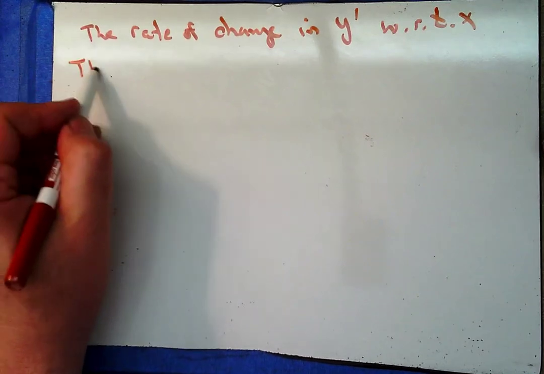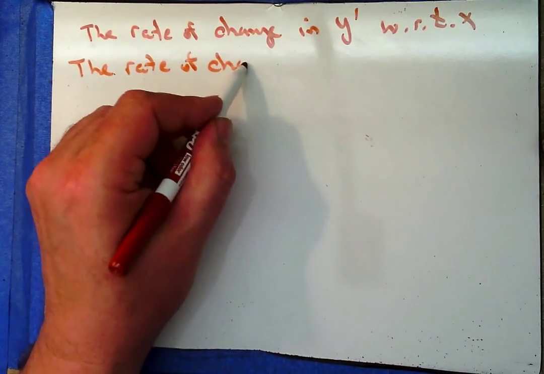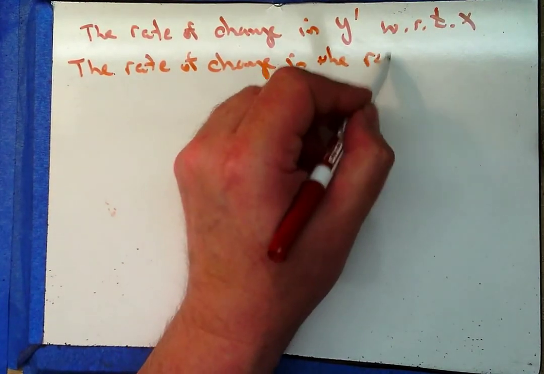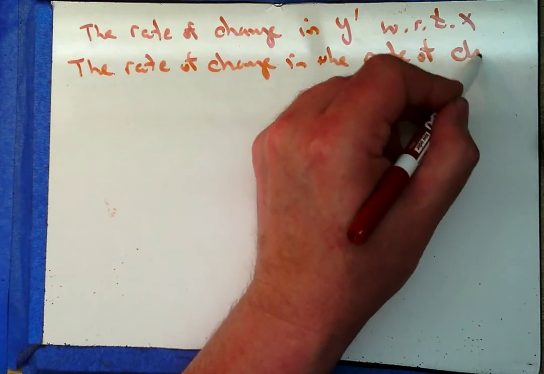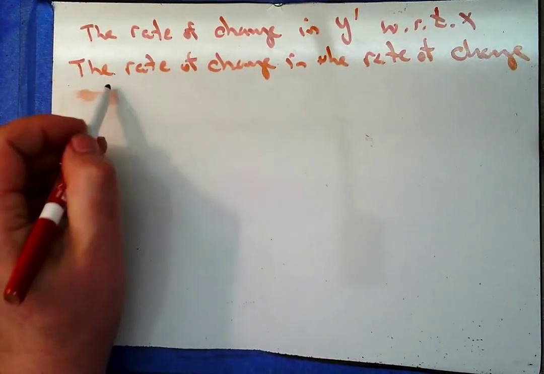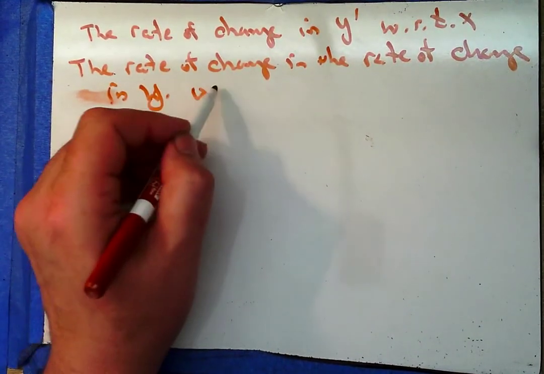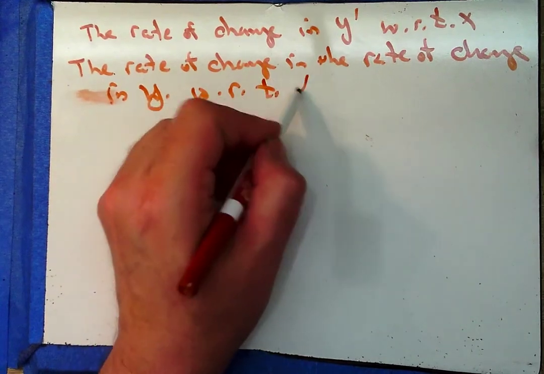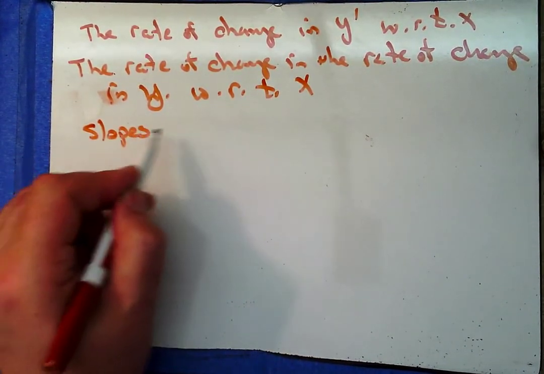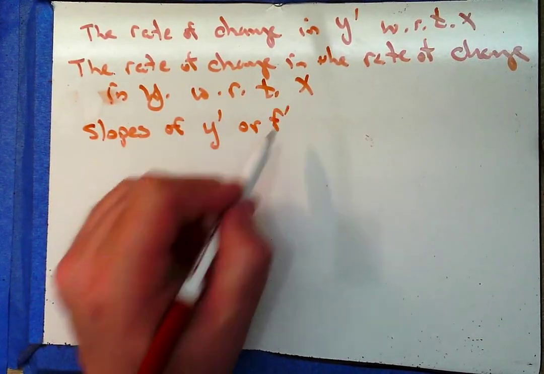It's the rate of change in the rate of change in y with respect to x. We could also say it's the slope of y prime or f prime.